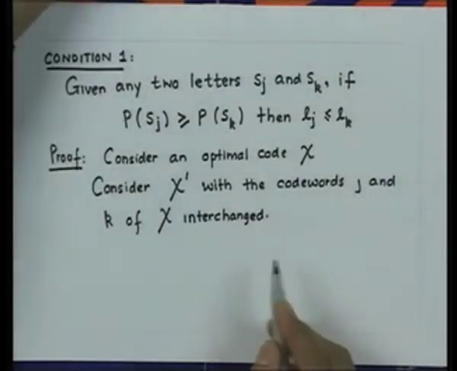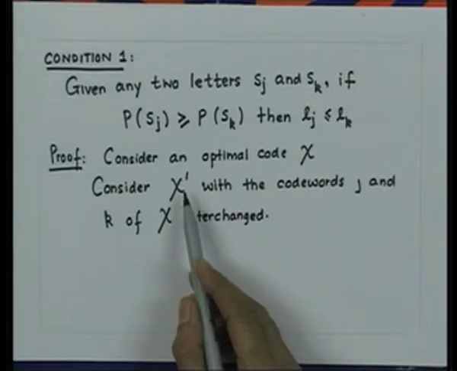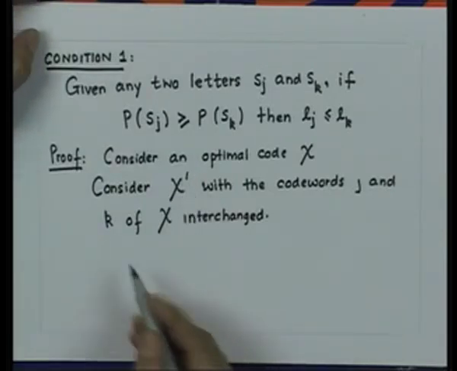Now, if we do this, let us calculate the average length for the code X prime.